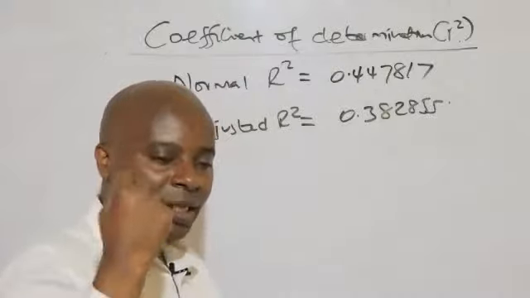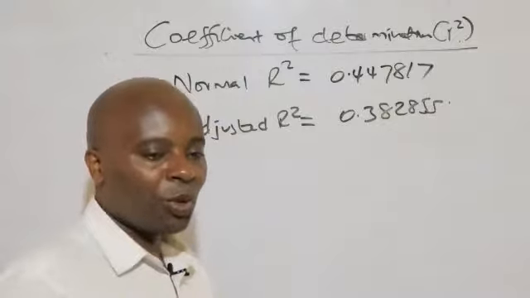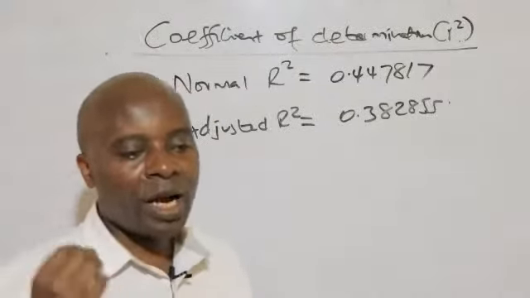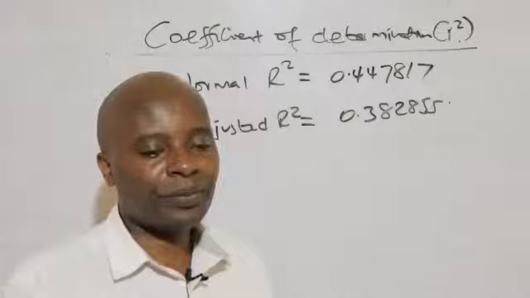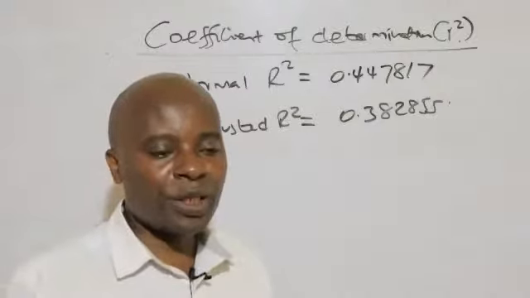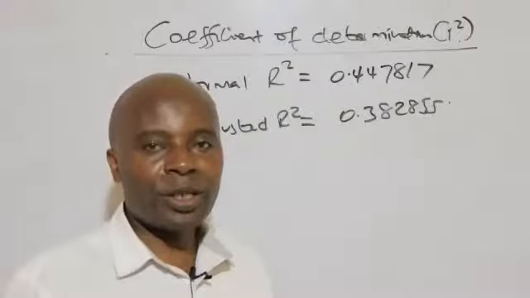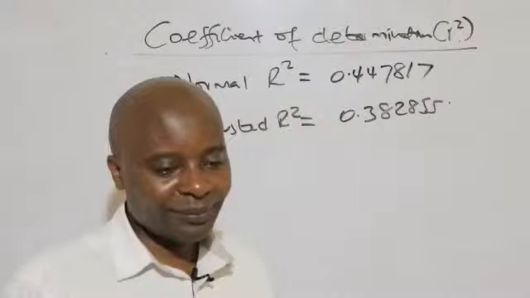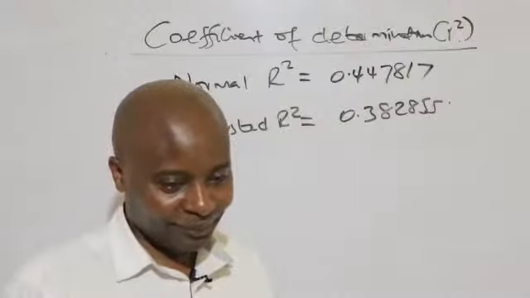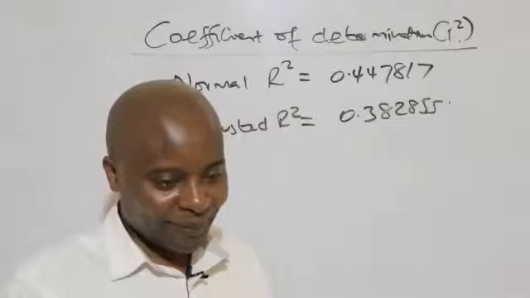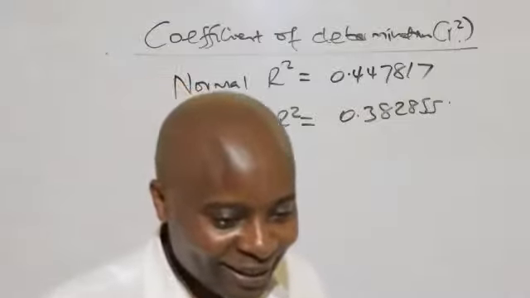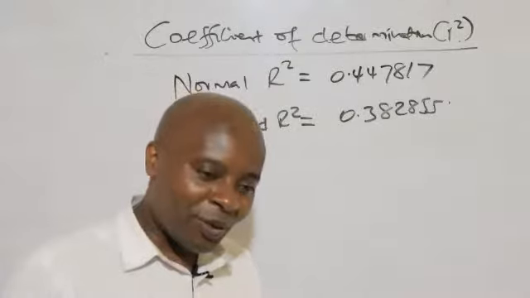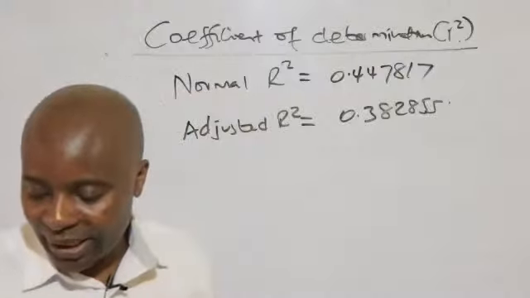Which one should we use to appraise a regression model? Normal, though it is below 50%, we should never use normal. We should always use the adjusted, and I'll be able to explain why.